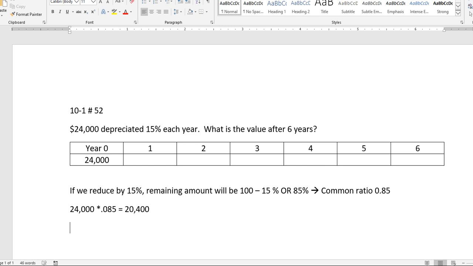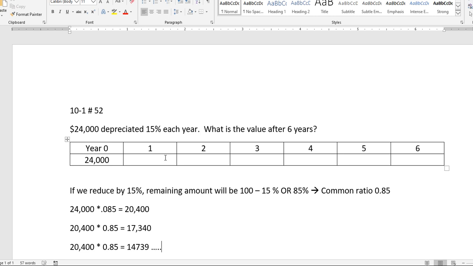And then you just have to keep doing that. So 20,400 times 0.85 equals, that one was 17,340. 17,340 times 0.85 equals, that one is 14,739, and so on.